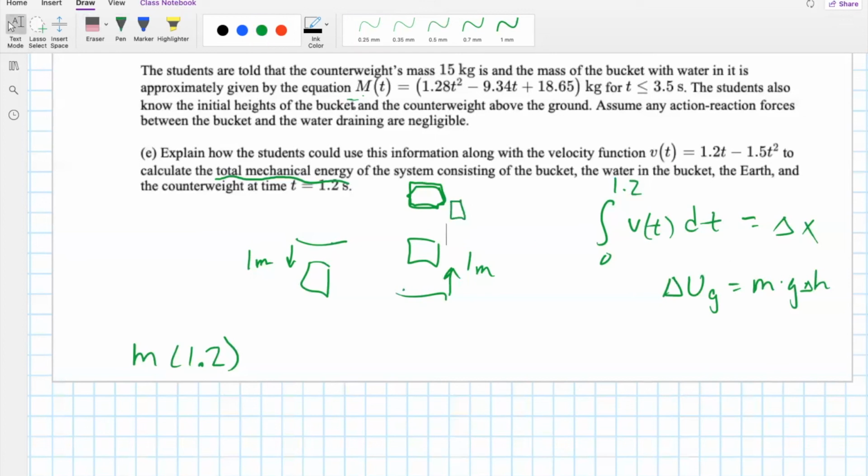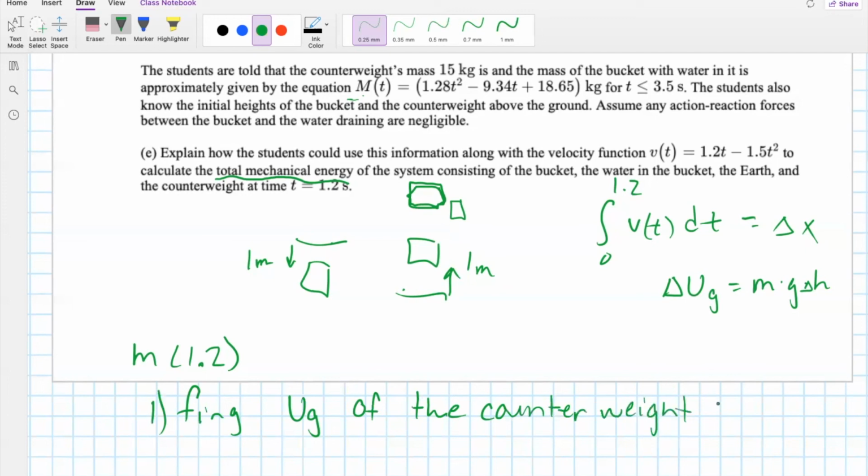So what's the idea? We can find the gravitational potential energy. So we'll say find UG of the counterweight at 1.2 seconds. Well, that's going to be the mass at 1.2 seconds because that is changing, times g, which is constant, times whatever the height at 1.2 seconds is.